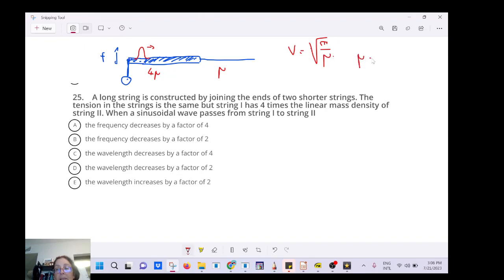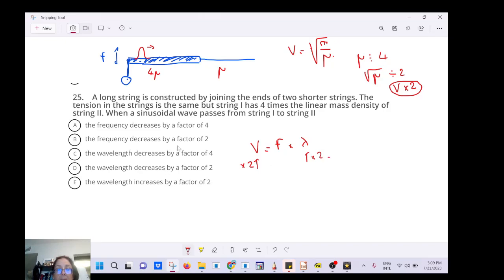So if mu is divided by 4, it has 4 times less inertia. So the square root of mu will be divided by 2, so the speed will be multiplied by 2. So the speed is going to increase, right? The speed is frequency times wavelength, so if it goes up by a factor of 2, the wavelength will go up by a factor of 2.